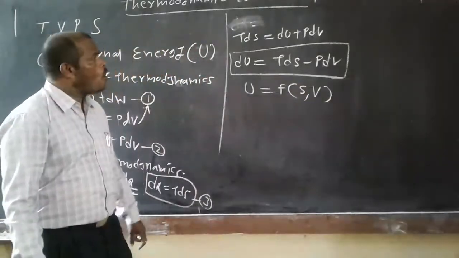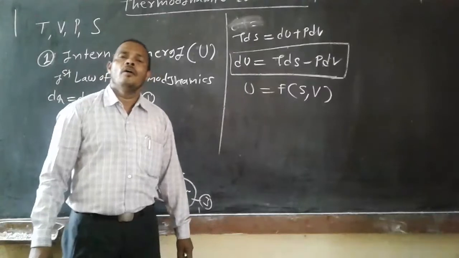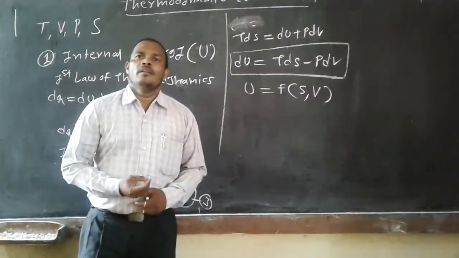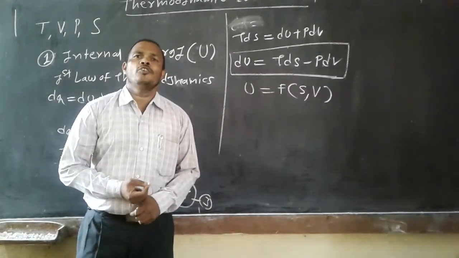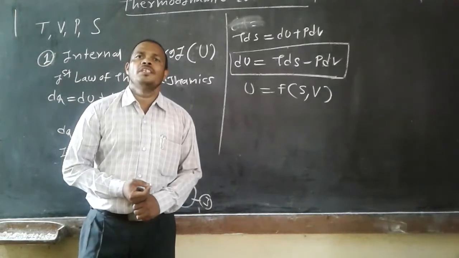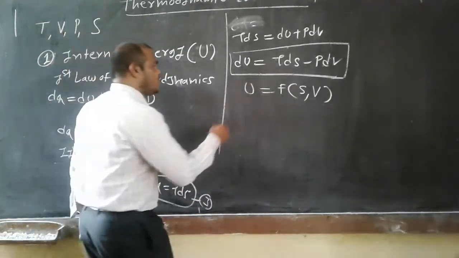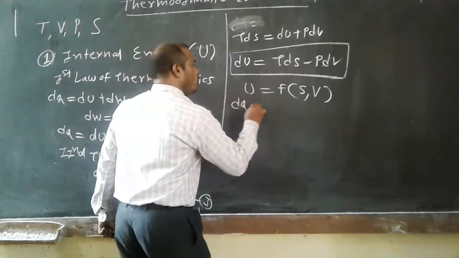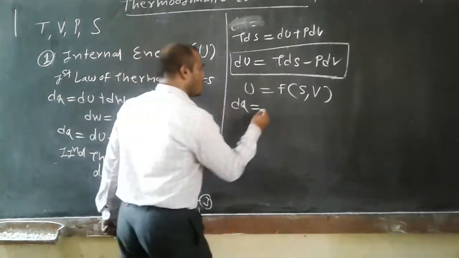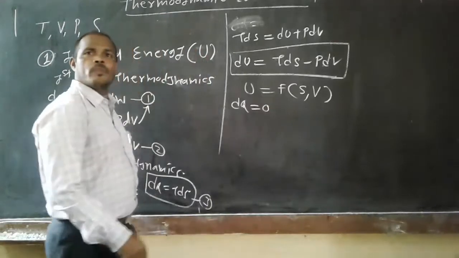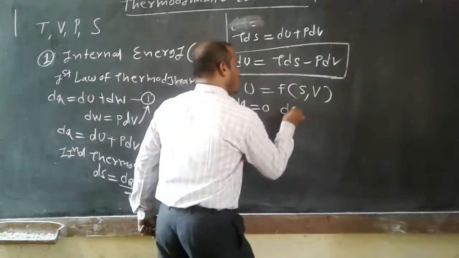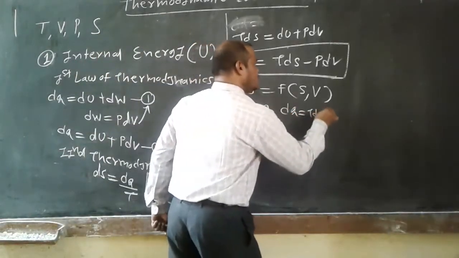Then for an adiabatic process, we know that there is neither exchange of heat with the system nor the surroundings. For an adiabatic process, the heat exchange dQ is equal to 0, but we know that dQ is equal to TdS.